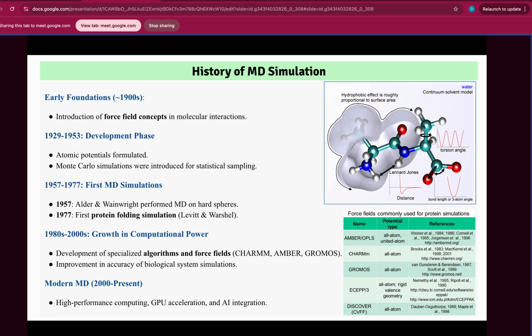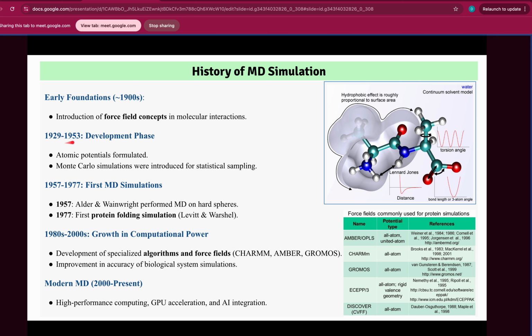Whereas some interactions take place where the atoms are not directly bonded. These are far-range interactions, known as non-bonded interactions, such as Lennard-Jones potential. These are van der Waals interactions or non-covalent interactions, and they come under the non-bonded interactions.